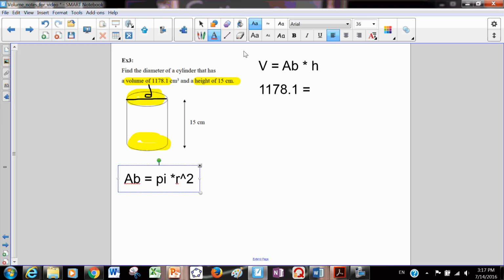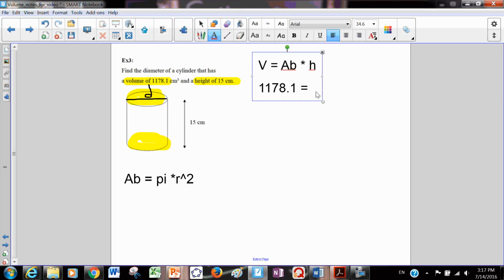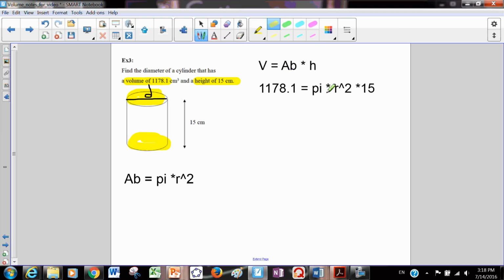When you come back in your formula here, area of the base, you can write pi times r squared. And then times the height, and the height is the distance between your two bases. Now it's getting more complicated because we're looking for r.